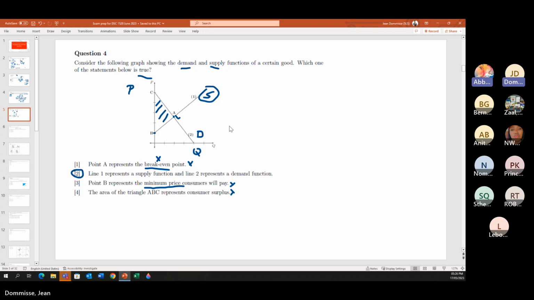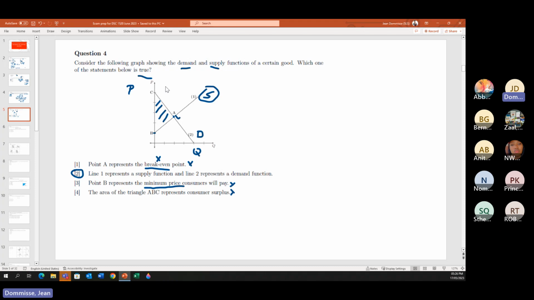But yes, perfect. Okay, so just remember. Thanks for that explanation. So what they wanted to catch you out on is you see price, you see B on that, and then you think this is the minimum price that consumers pay, and it's not.